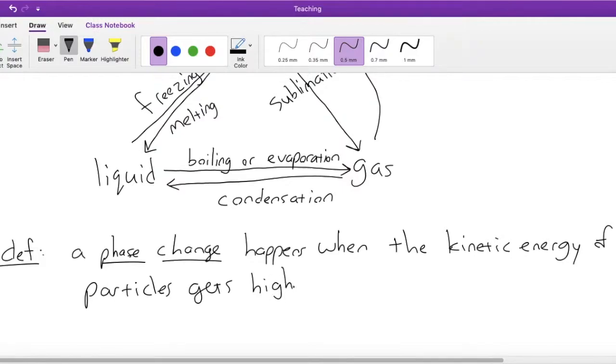So kinetic energy gets high enough to break bonds between particles.